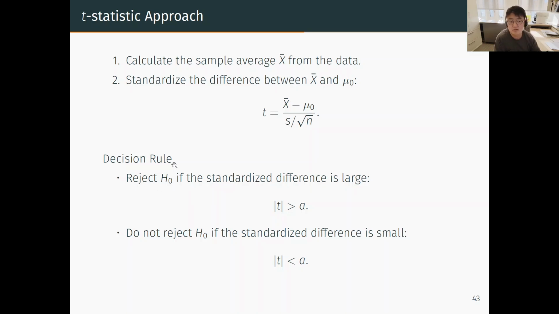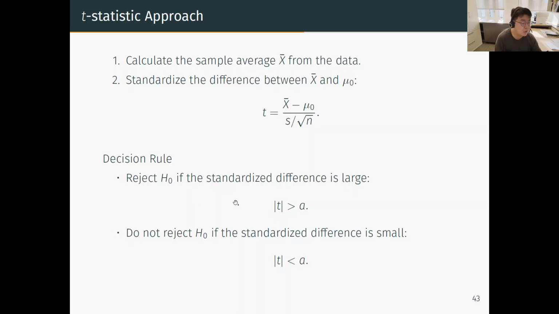Reject the null hypothesis if the standardized difference is larger than a certain cutoff A. And if the difference is small enough, close to zero, smaller than A, then we do not reject. So if the t-statistic is between plus and minus A, we are not going to reject the null hypothesis. This will be the decision rule.